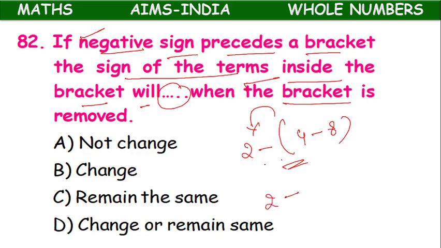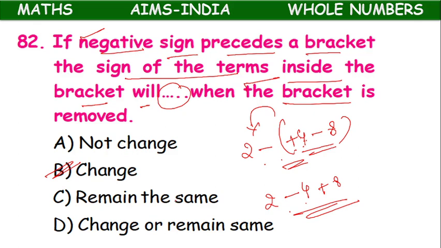If we remove the bracket, what happens to the values inside the bracket? Here we have plus 4, it will become minus 4, minus 8 will become plus 8, means they will change. B option is the right answer. When the bracket is removed, symbols will change.